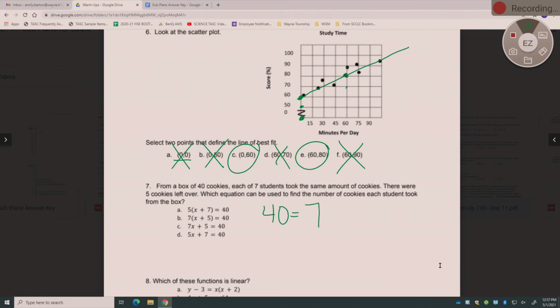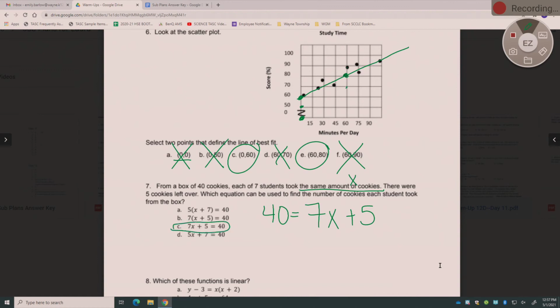I have 7 students who took the same amount of cookies, and I don't know what that amount is, so that's what I'm going to call X. So the 7 students times the amount of cookies that each student took takes care of those student cookies. And then I have 5 cookies left over. And the only one that matches this equation is letter C.